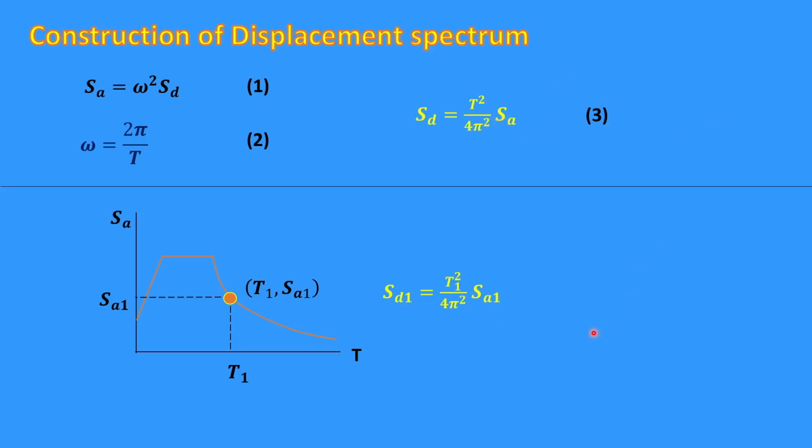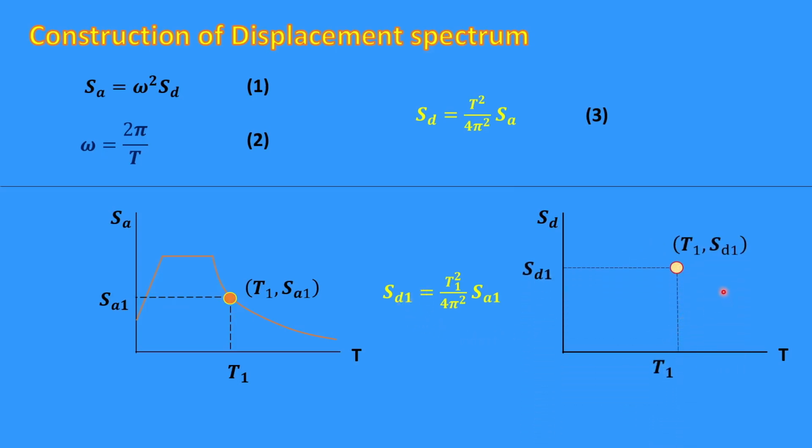Now in the displacement spectra, your horizontal axis will be time period and vertical axis will be spectral displacement SD, in contrast to the spectral acceleration in the normal design spectrum of the code. So corresponding to this point that we have shown in the code design diagram, we have converted to SD1.